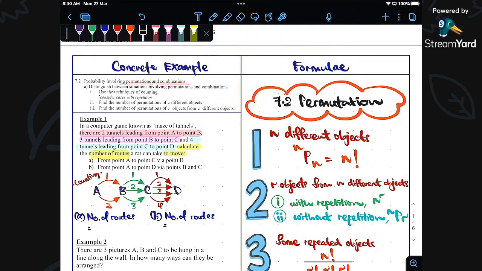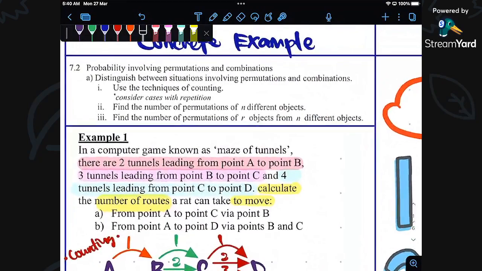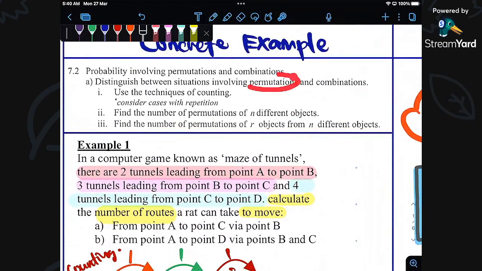So we will start with permutations first. There are 6 important techniques in permutation, but let's look at the first 3 objectives for permutations.